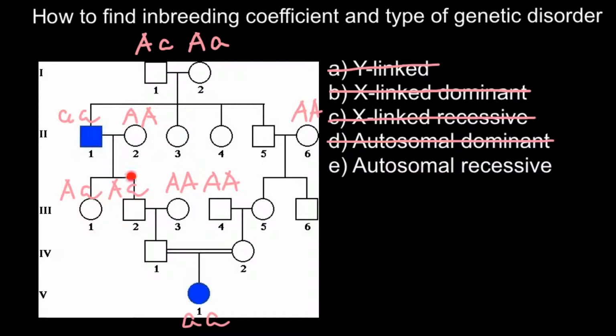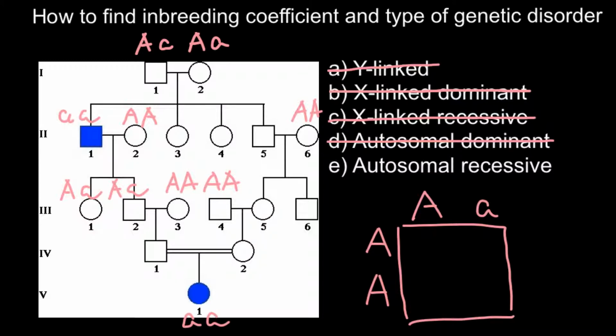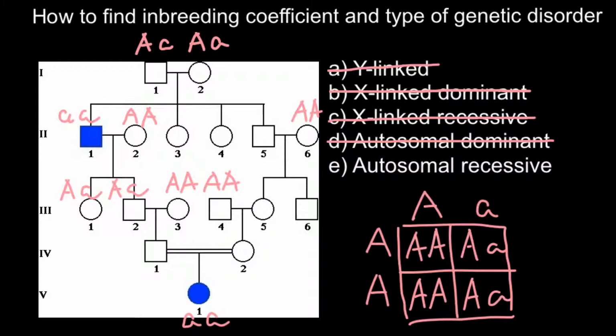Now let's consider this couple. So we have one person who is a carrier, another one who is phenotypically and genotypically normal. And what is the chance to pass this genetic disorder to the progeny? Not the disorder, but to pass this recessive allele. So this is going to be capital A here, capital A here, capital A small a here, and capital A small a here.